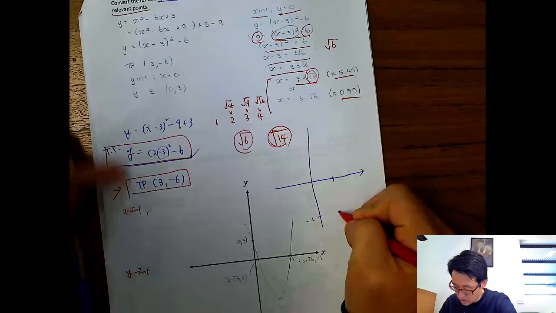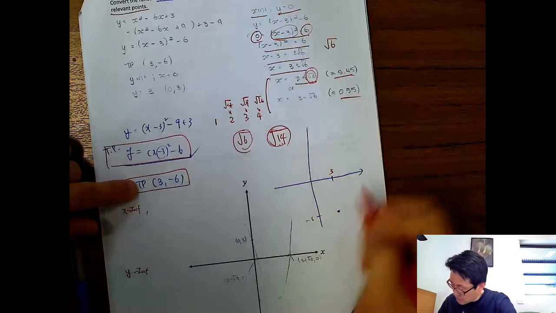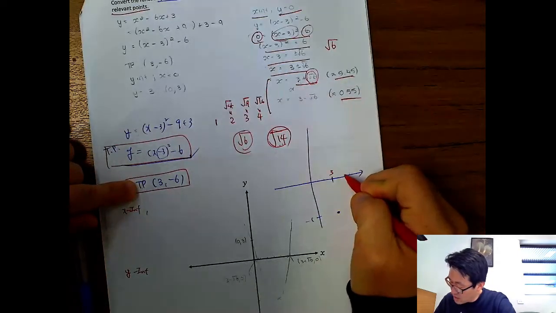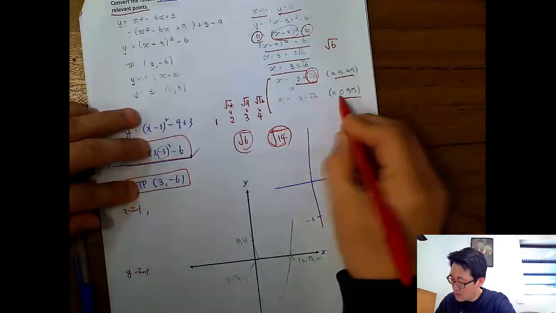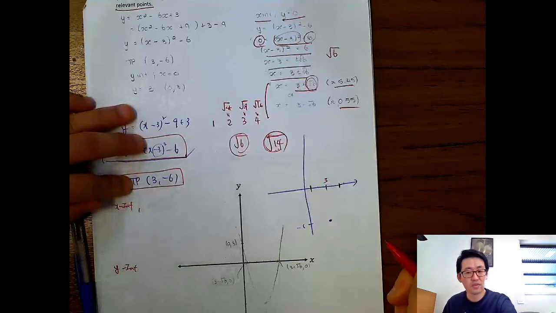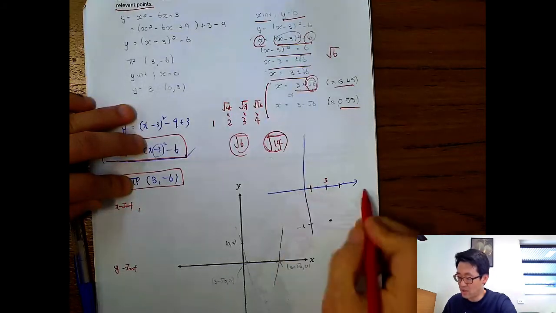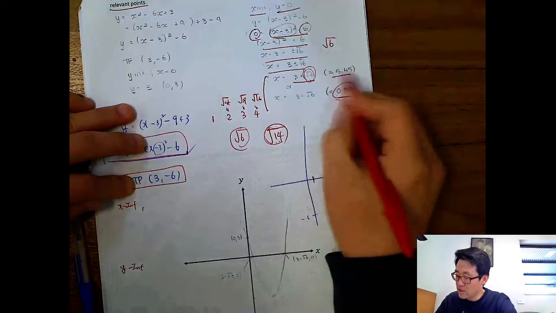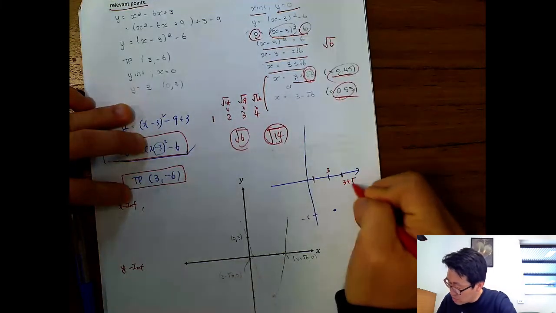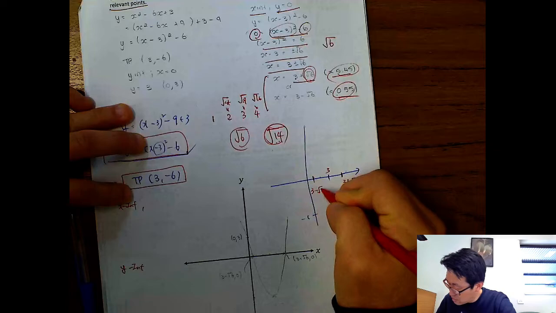This one is what? 3 and minus 6. Therefore, this is going to be somewhere here. And 0.55, so somewhere here. Good? Because it could be the other side. We can estimate it using that. Okay? So that is 3 plus 3 minus.